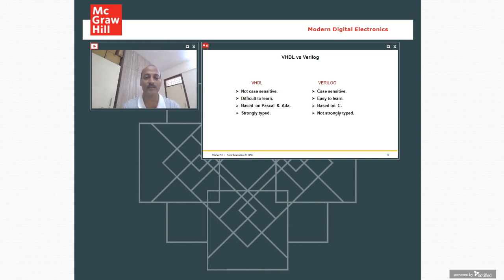VHDL is difficult to learn because it is based on Pascal and Ada, and there is a structured methodology. It is strongly typed. So if you miss a particular library to be included, or if you miss a data type conversion, for a single mistake you are going to get ten error messages.